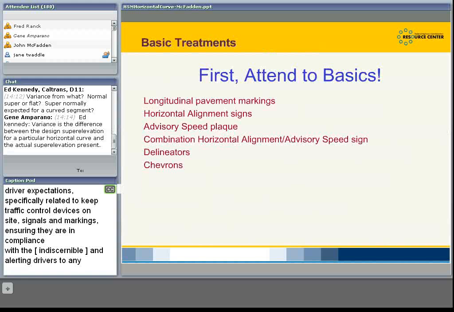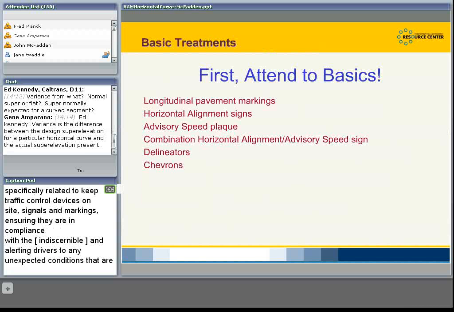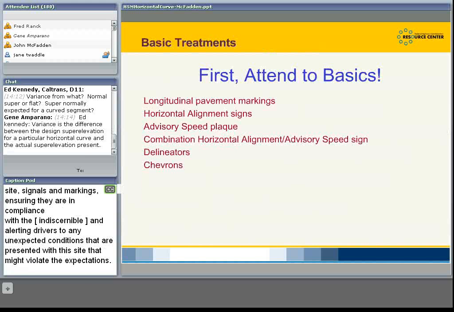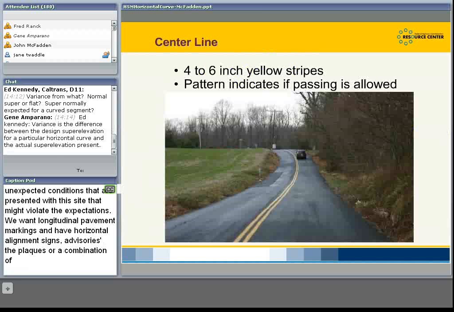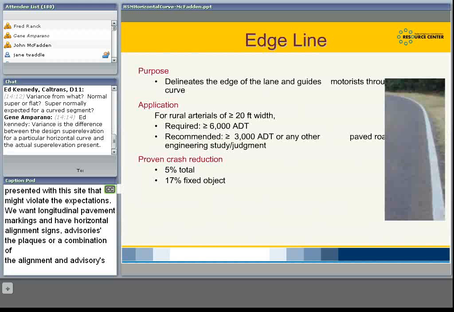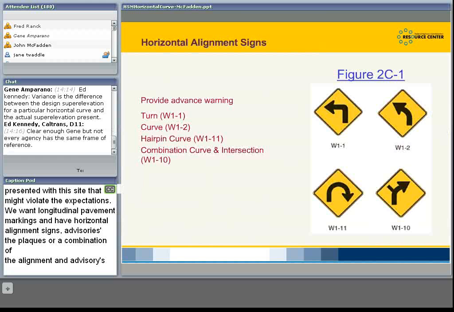For conditions at that site that don't meet driver expectations, we would want to upgrade them to meet driver expectations, specifically related to traffic control devices on site, so signs, signals, and markings, ensuring that they are in compliance with the MUTCD and alerting drivers to any unexpected conditions presented with this site that would violate driver expectations.